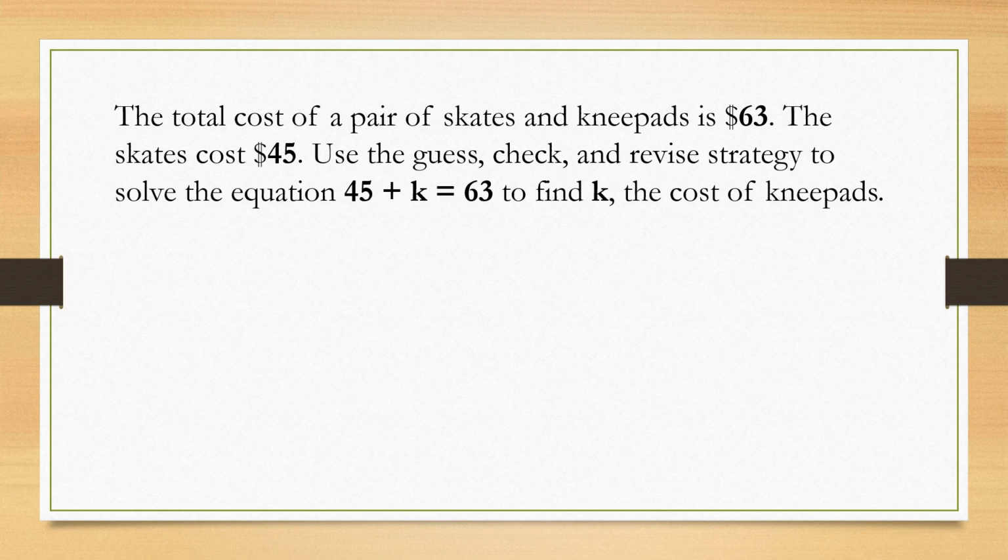The total cost of a pair of skates and knee pads is $63. The skates cost $45. Use the guess, check, and revise strategy to solve the equation 45 plus k equals 63 to find k, the cost of the knee pads. In the beginning, we will write the equation 45 plus k equals 63.